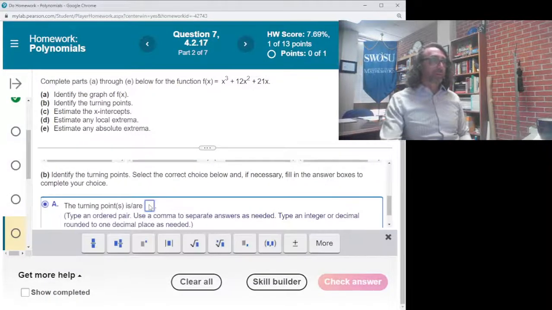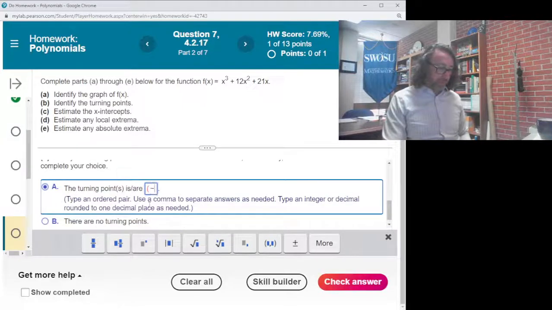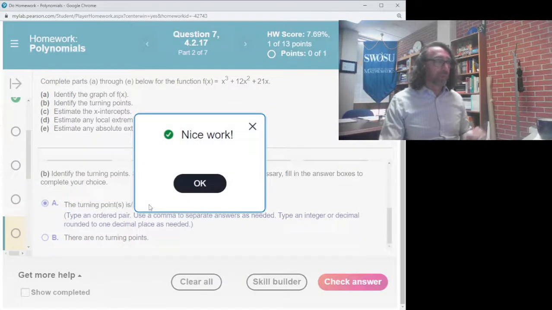Let me get those in there before I forget what they are. The turning points are negative 7, 98, and negative 1, negative 10. Okay, great.